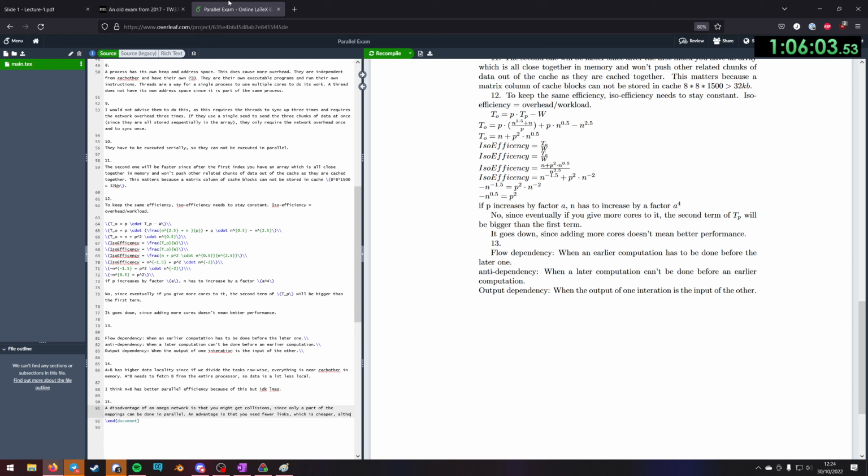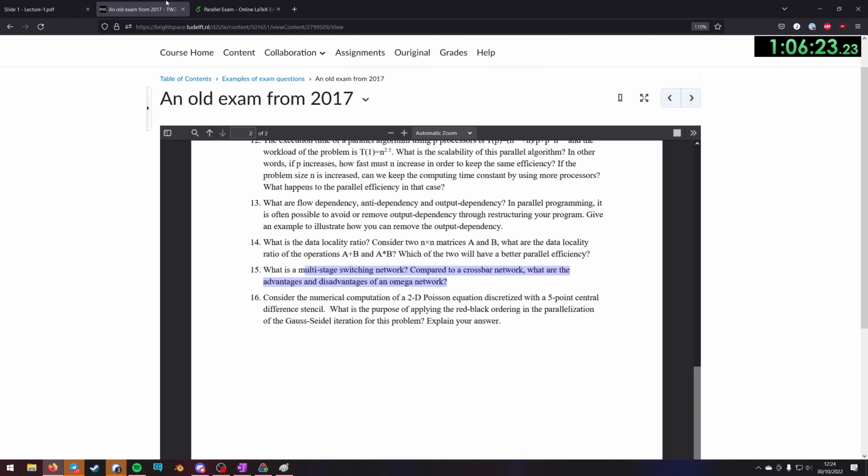No, actually that's not true. I'm going to change it to which gives lower cost, because it's not about money. And then they ask what is a multi-stage switching network.